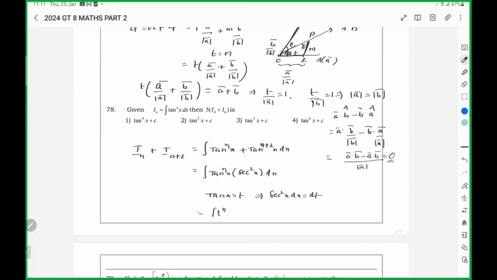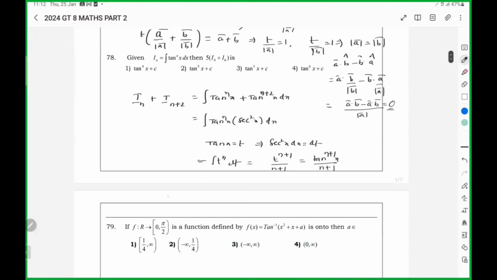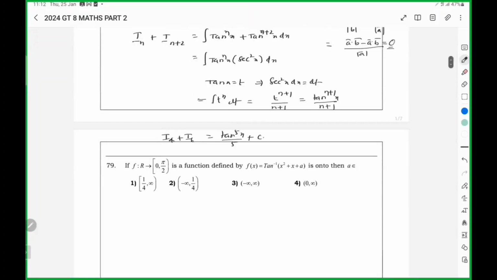It is t power n plus 1 by n plus 1, that is tan power n plus 1 x. So I4 plus I6 will be tan power 5x by 5 plus c. So the answer is the second option.